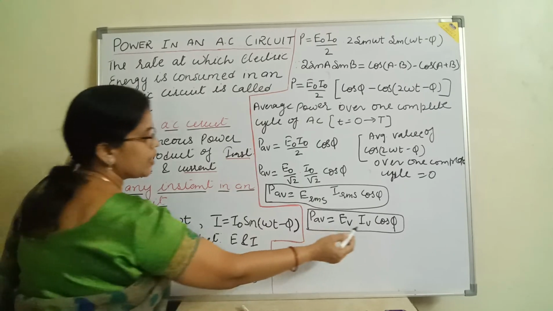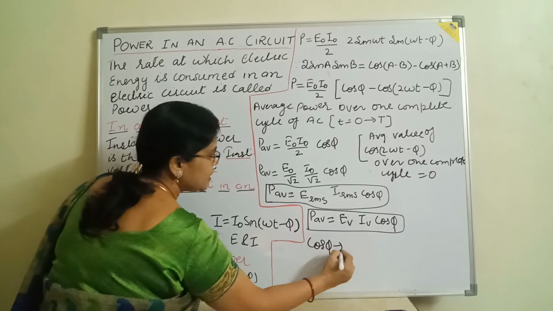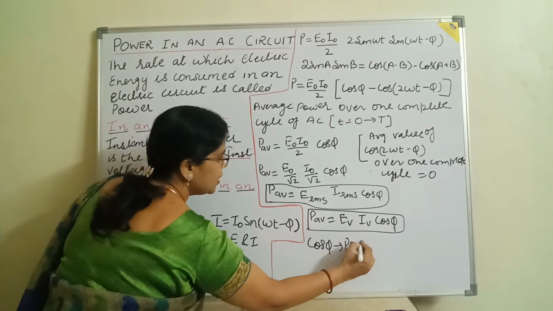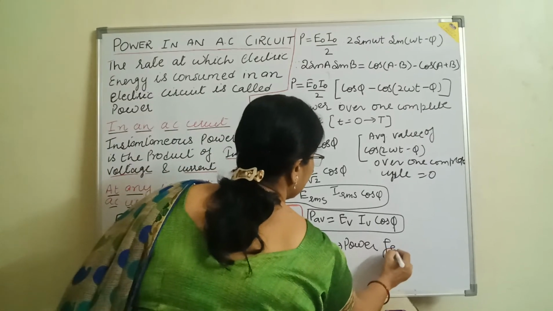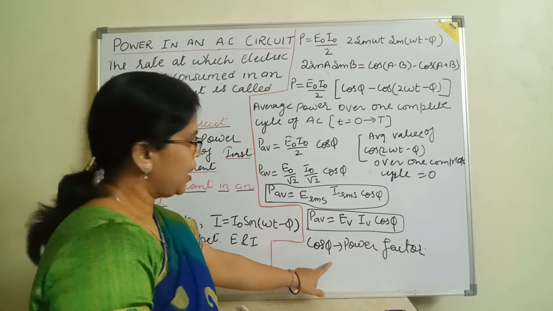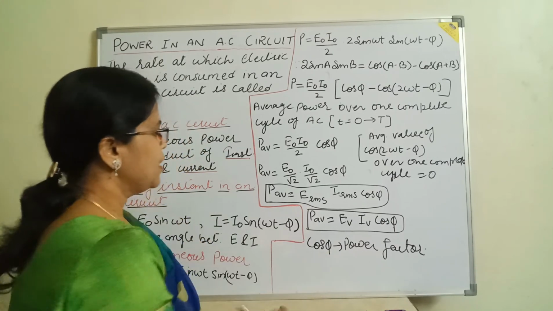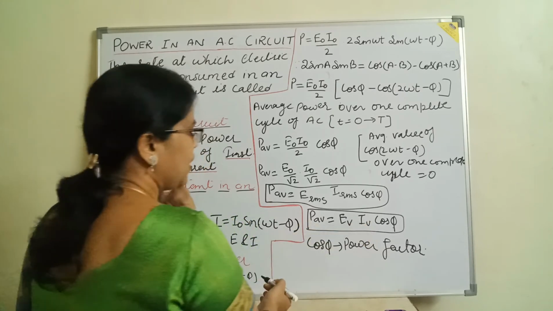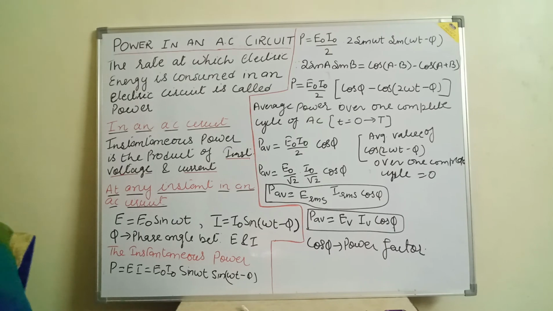And here we have one term, cos phi, which is called the power factor of the AC circuit. About the power factor I will explain later, and this is the value of the average power in the AC circuit. That's it.